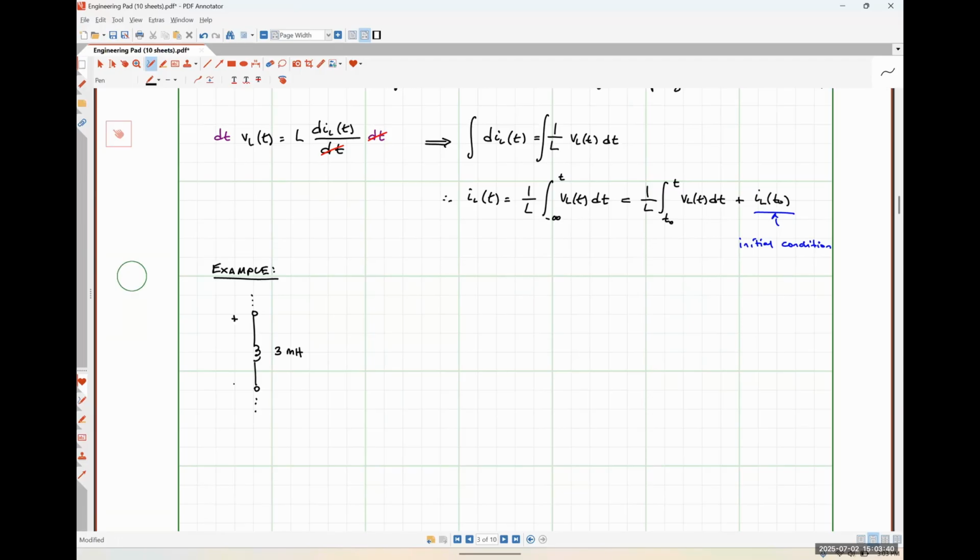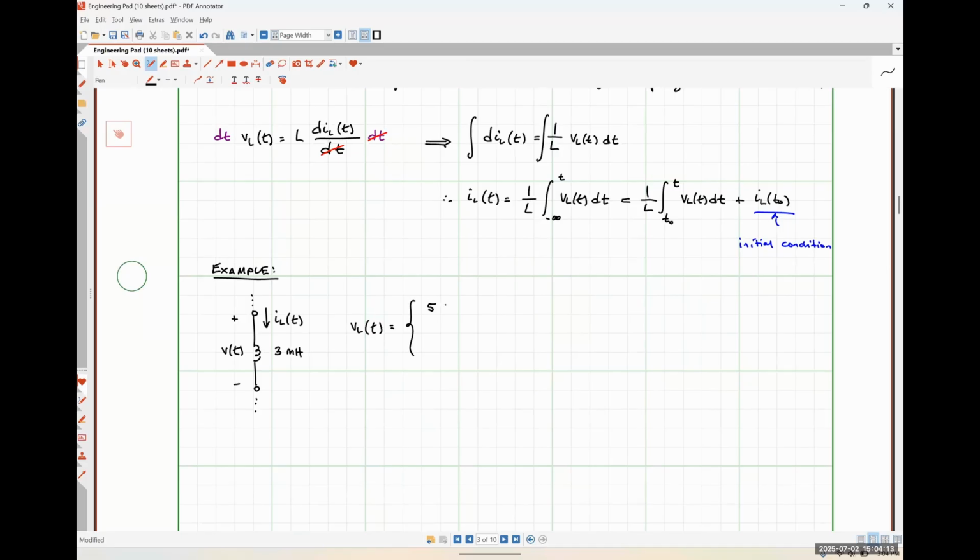Here is the voltage drop across the inductor. Here is the current flowing through the inductor. And let's say that the voltage drop across the inductor, VL of t, is represented by the following relationship.